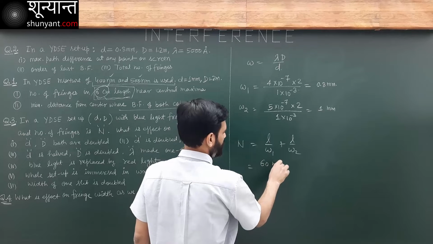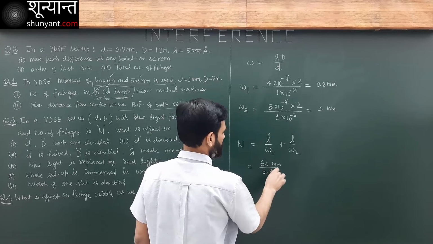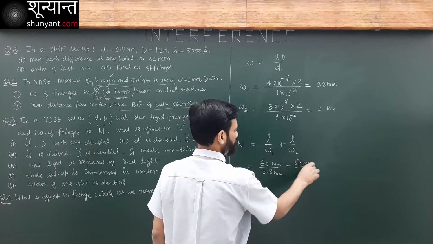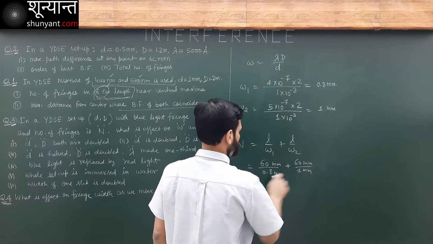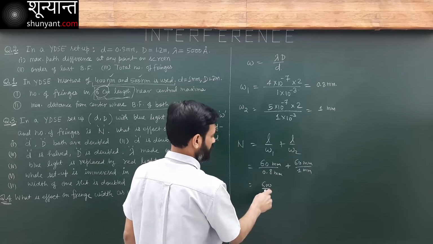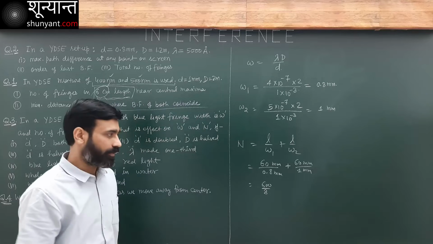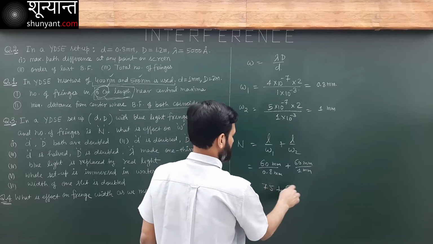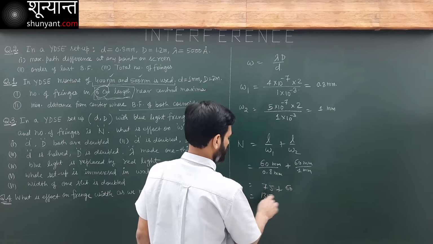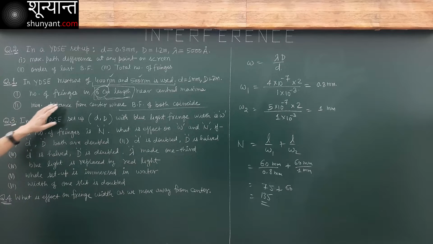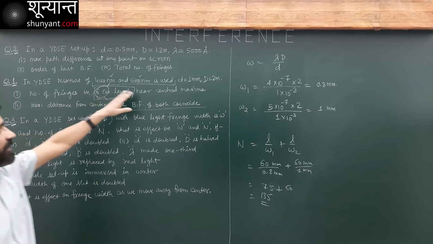So 60 millimeter over 0.8 millimeter plus 60 millimeter over 1 millimeter. This is my answer. So 600 over 8, what will it be? 75. So this becomes 75 plus 60, which is 135. This is the answer. These many bright fringes I will see in 6 centimeter length near the central maximum.